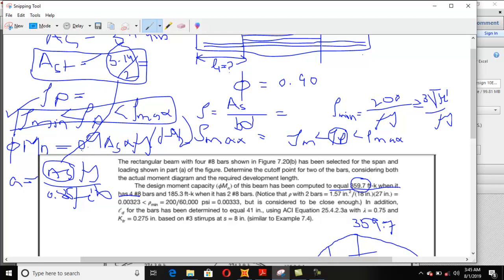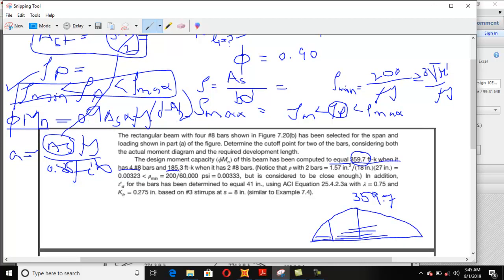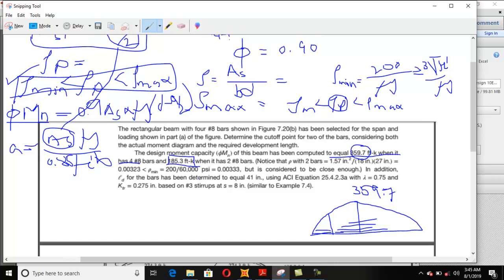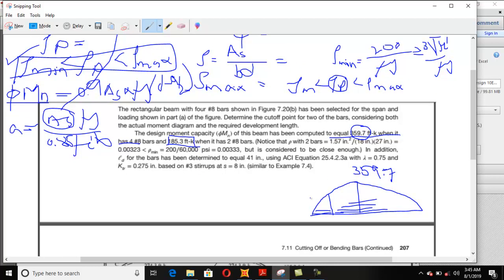Putting that value, you will get the phi Mn value, and that value will be 185.34 K for now two number add bars.